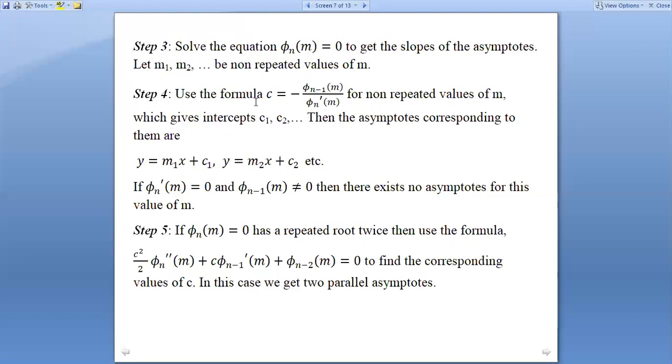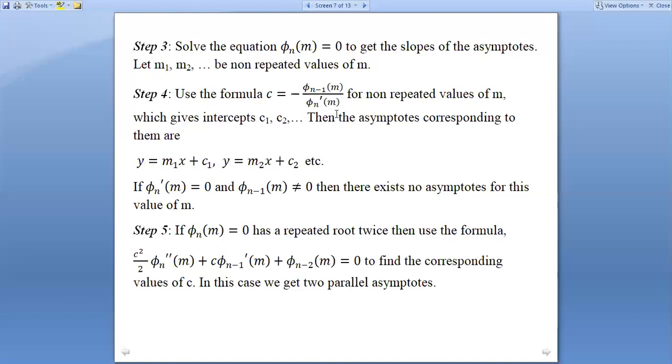To find the intercept, we write c equal to minus phi n minus 1 of m divided by phi n dash of m for non-repeated values of m, which gives intercepts c1, c2, and so on. Then the asymptotes corresponding to them are y equal to m1 x plus c1, y equal to m2 x plus c2.